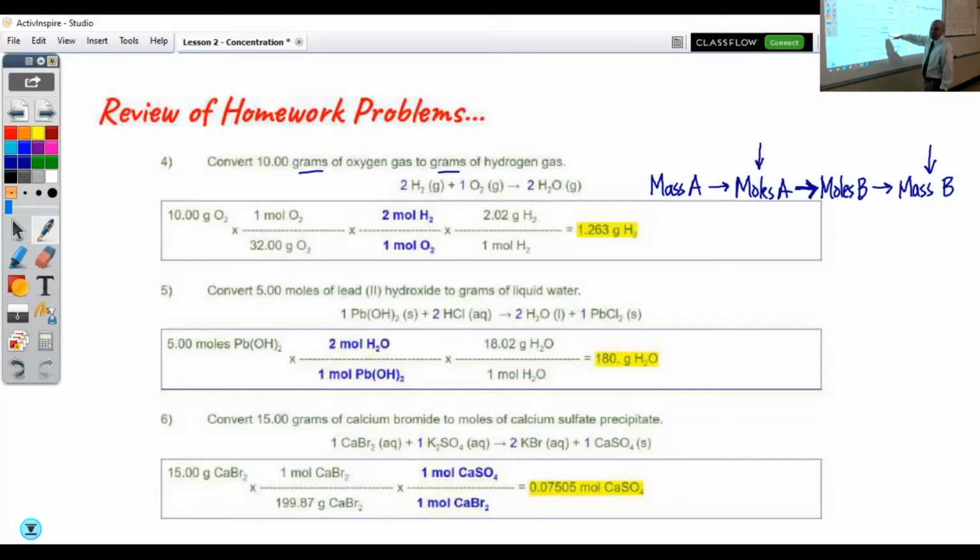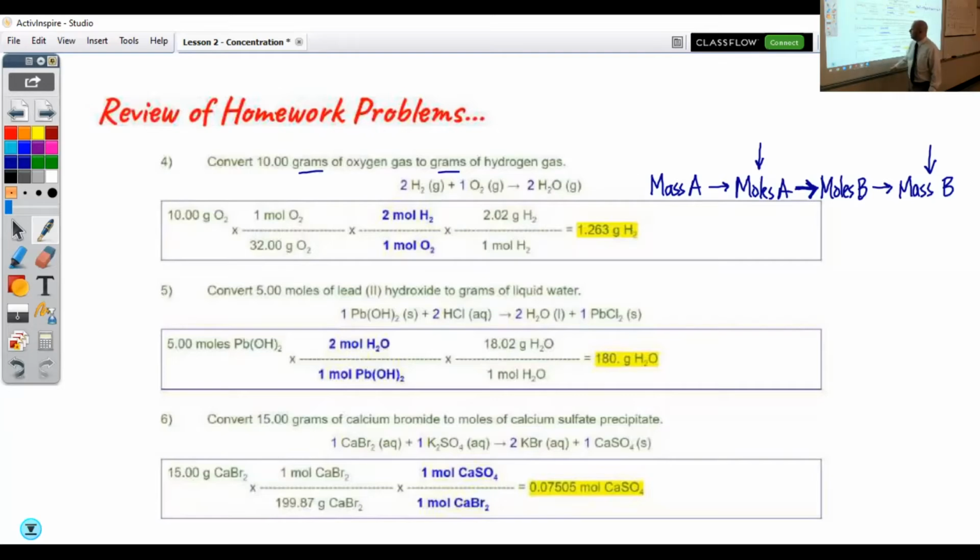We convert that immediately from moles to moles of water. And then we convert moles of water back to grams of water. And we wind up with our grams of water. Keep in mind, the number of significant figures is largely going to be based on what number you're starting with. So if you're given 3 significant figures at the start, that's going to limit your answer to 3 significant figures.